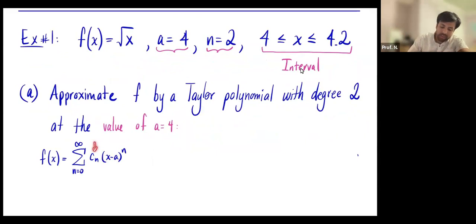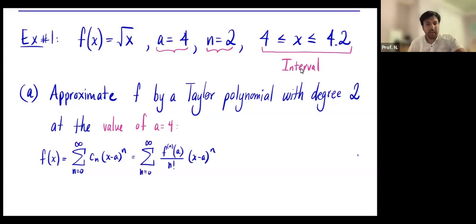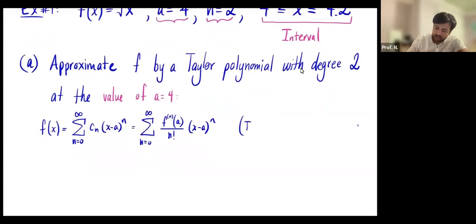And I have some coefficients, and these coefficients look like the following. These coefficients look like the nth derivative evaluated at a all over n factorial. So this is the Taylor series in all its glory, right? And this is called the Taylor series.